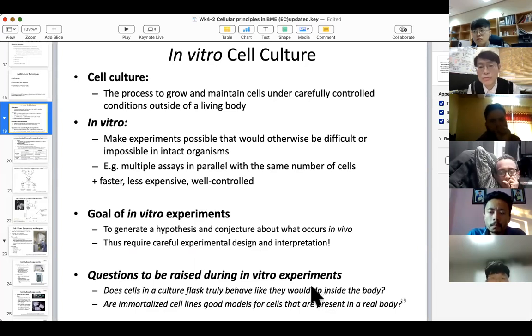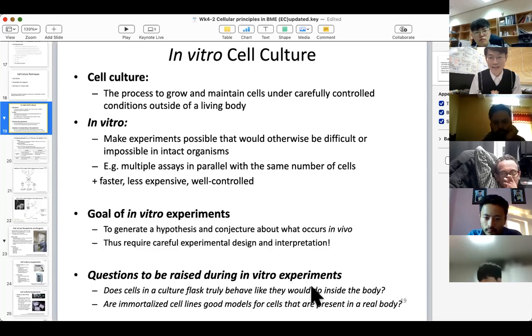Also, for example, those who may be doing cancer research, a lot of times we use cancer cell lines. For example, recently in the mass media there was news about the HeLa cell. HeLa comes from Henrietta Lacks, a woman who died from cervical cancer.